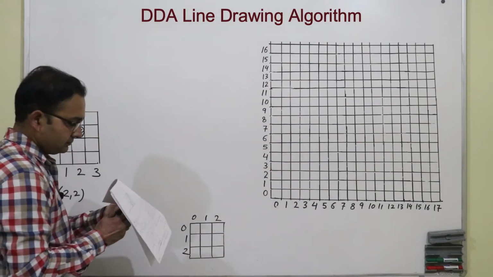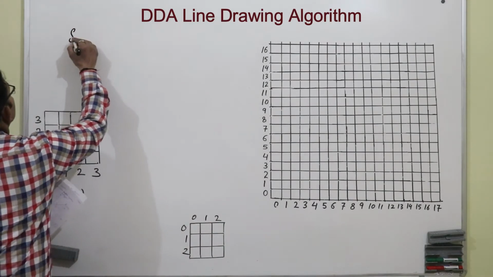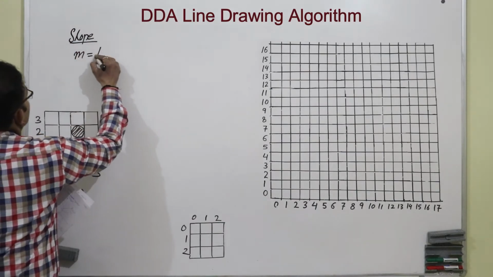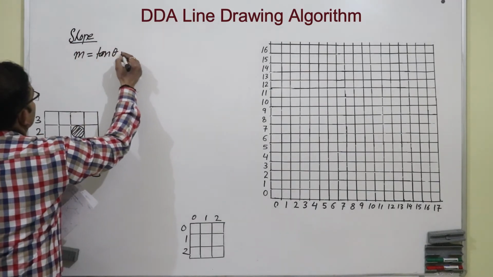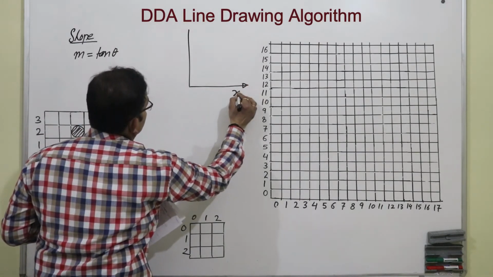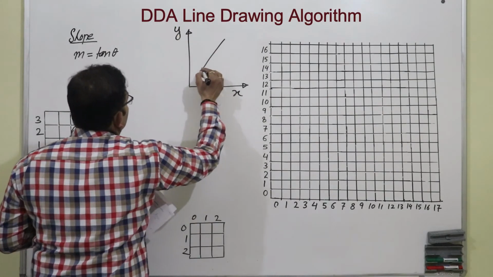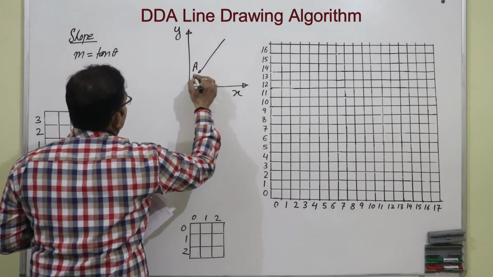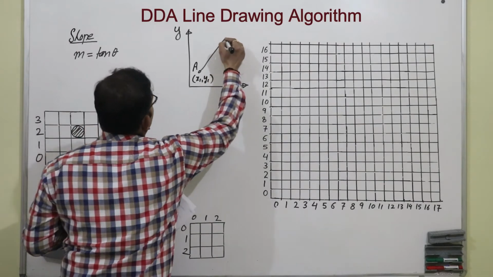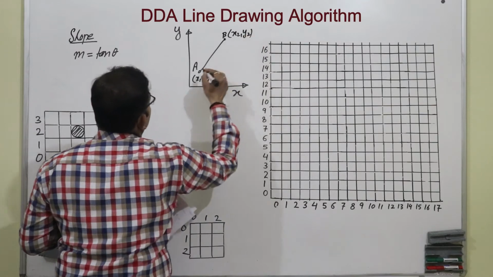Slope, m equal to tan theta. This is x axis, this is y axis, and there is a line segment having initial point x1 comma y1, point B x2 comma y2.